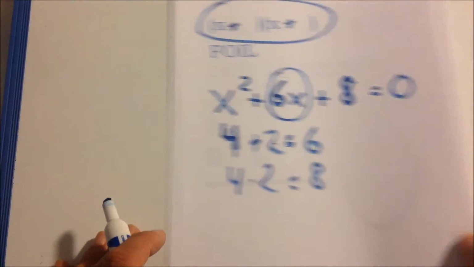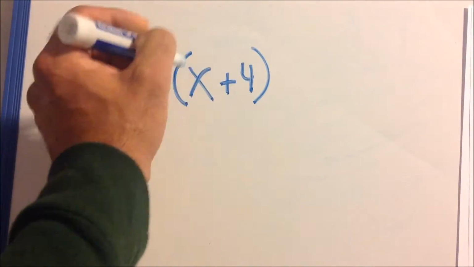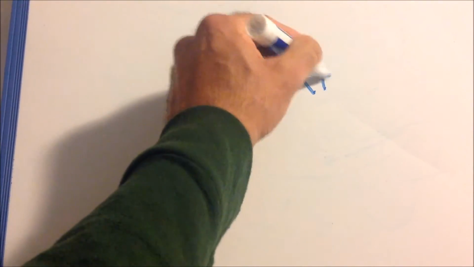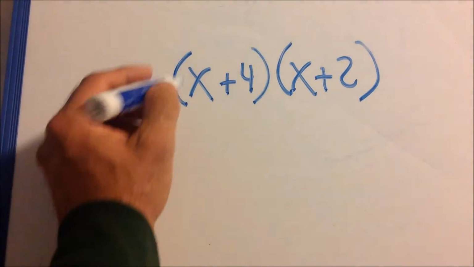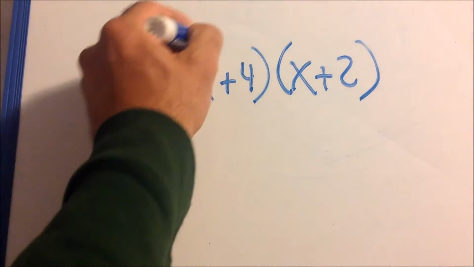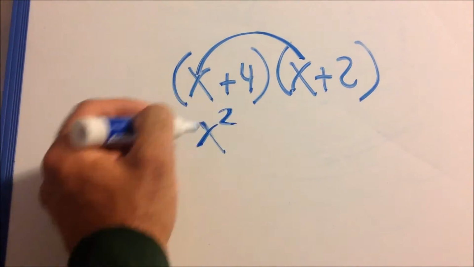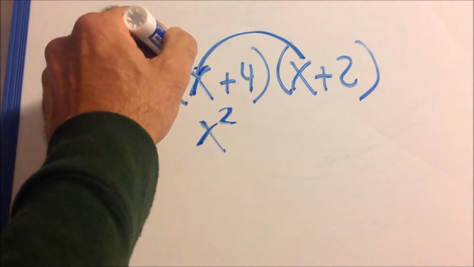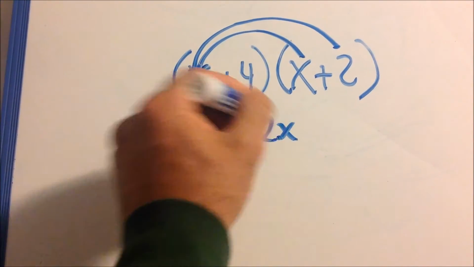Right? So now we can make our binomials. x plus 4, and x plus 2. Now if this is correct, we should get the original quadratic equation. So again, with FOIL, we do first times first, and we get x squared. Outside times outside, we get 2x.